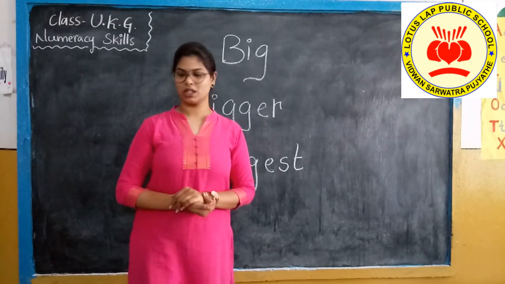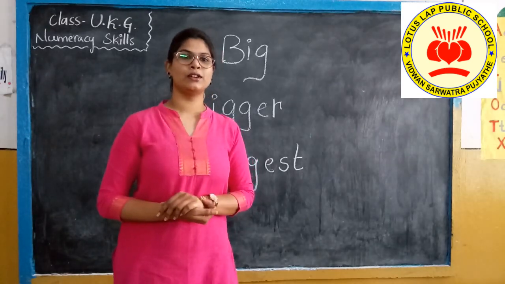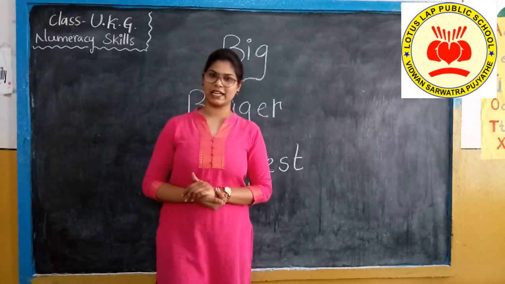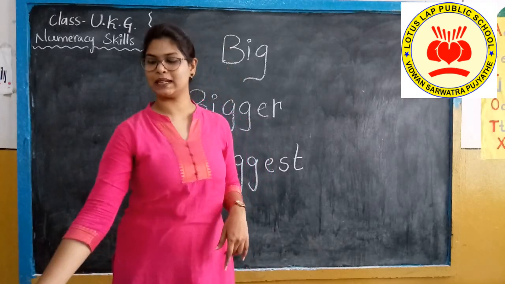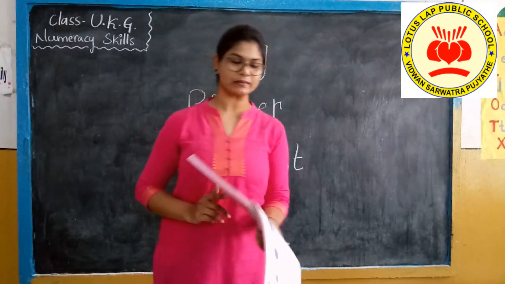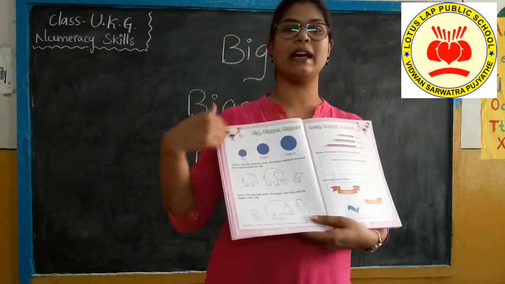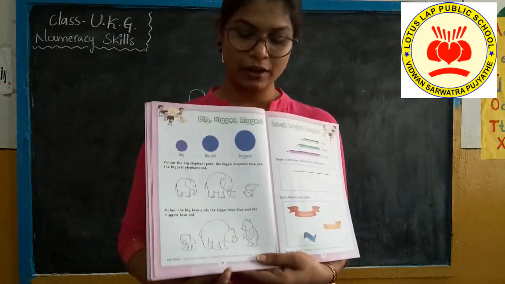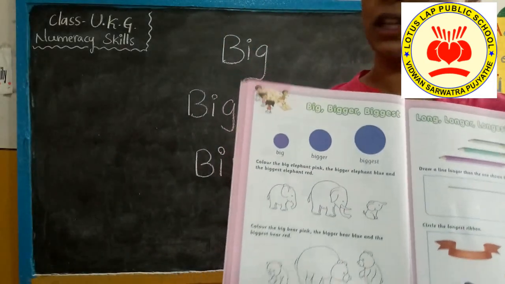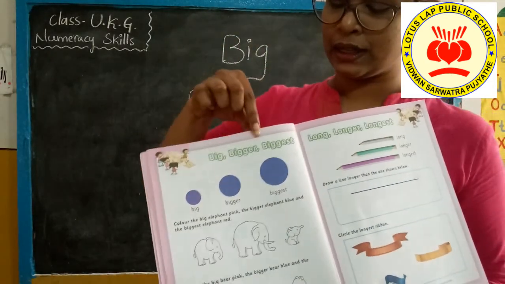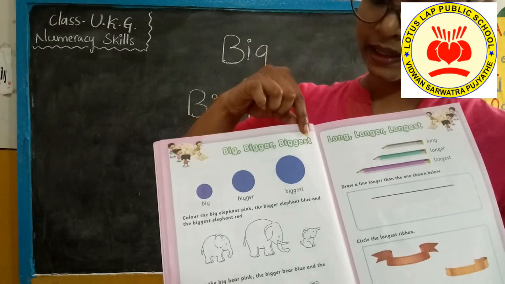So children, as I told you, today we are going to see the textbook part. Let us see some examples in the textbook. First let me tell you what we have to do here. We are doing page 20, children. The topic is big, bigger, biggest.